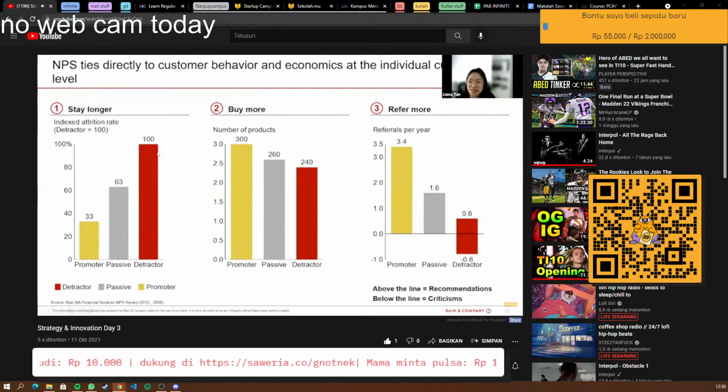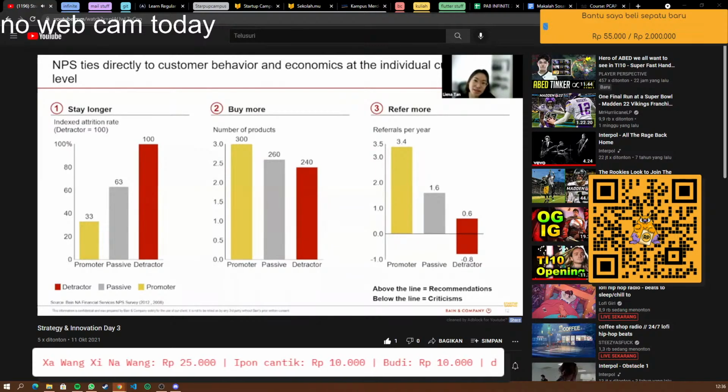Untuk detractor, 100%, it's indexed, right? So for every 10 detractor customers that leave, only 3 promoters leave, right? So retentionnya lebih banyak untuk promoter. Dan bukan saja untuk retention, tapi mereka juga akan membelinya lebih banyak. Jadi seperti Grab gitu ya.